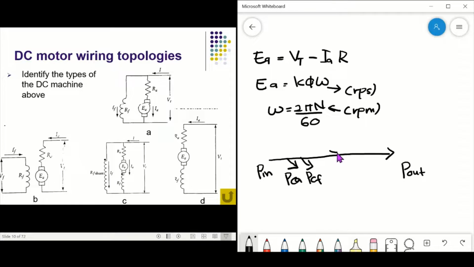And then we have P converter, before it is converted to mechanical. Then we have P mu, the mechanical losses: friction and windage, and stray losses.